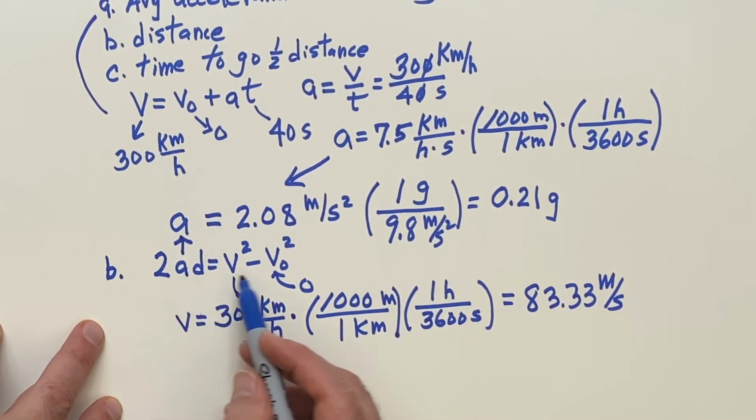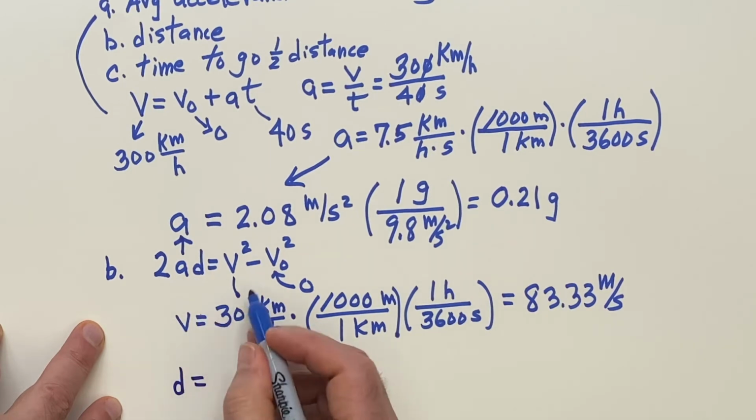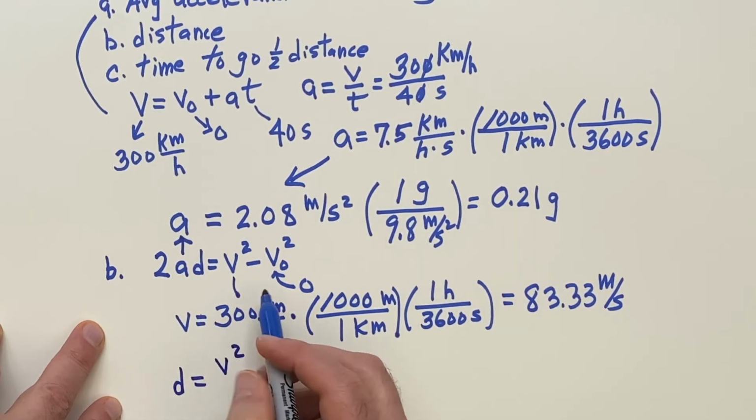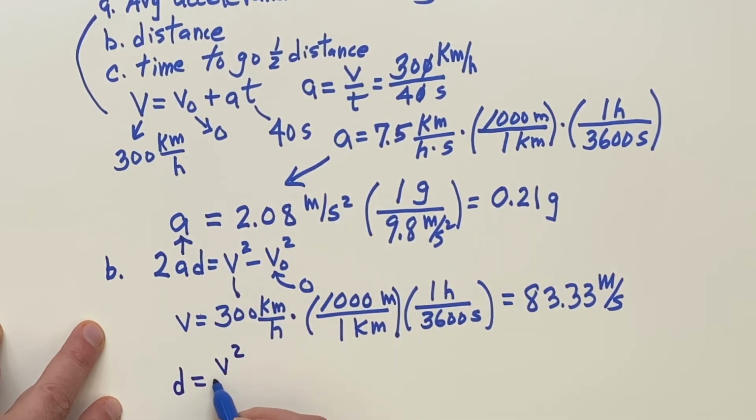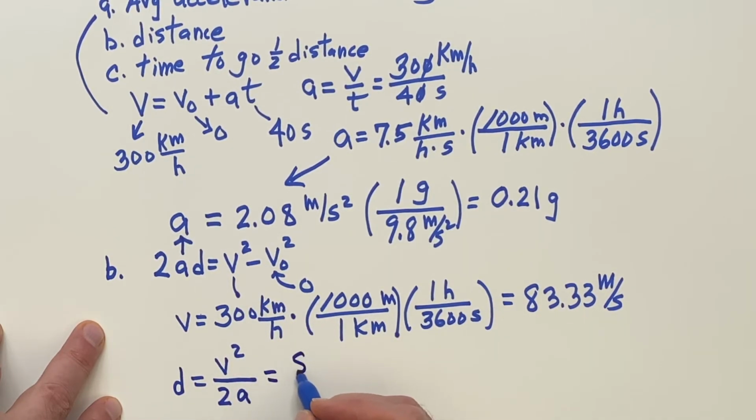And we use this formula now where the d here is going to be the v squared over the 2a. So that's going to be 83.33 squared over 2 times 2.08.